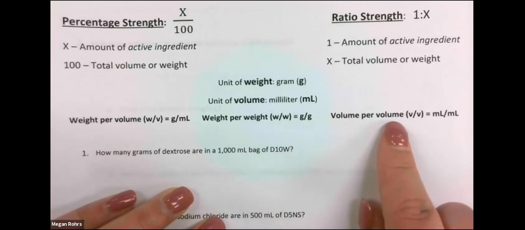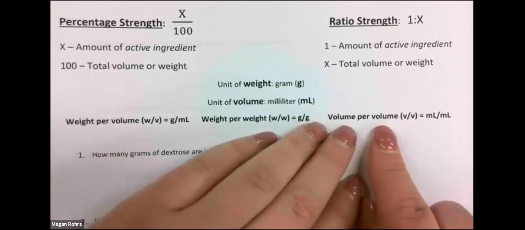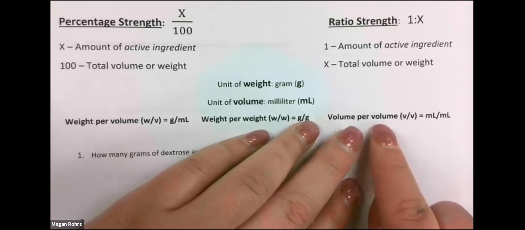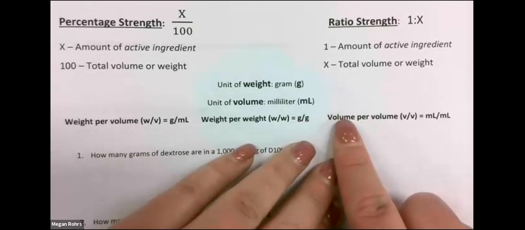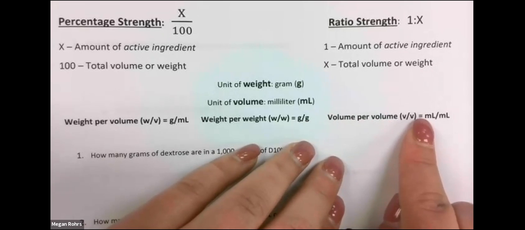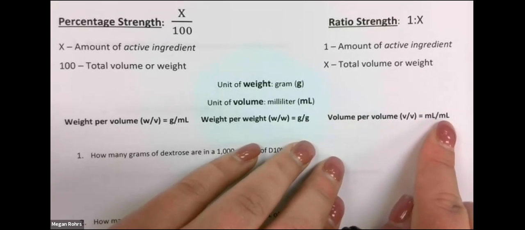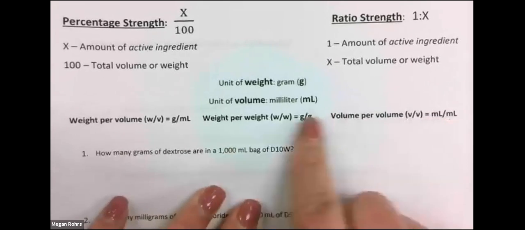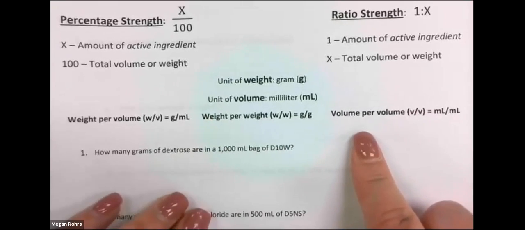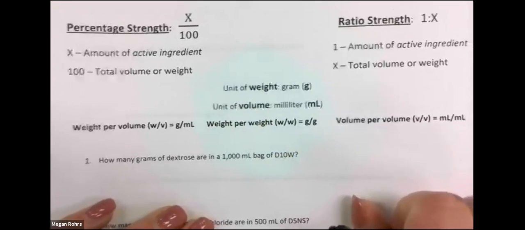Now, if we had a solution in which the active ingredient was a liquid and the solvent or the diluent was also a liquid, that would be a volume per volume, or a milliliter per milliliter solution. Okay, this will make sense when we start to see some more examples, but these are the rules that you have to remember here.